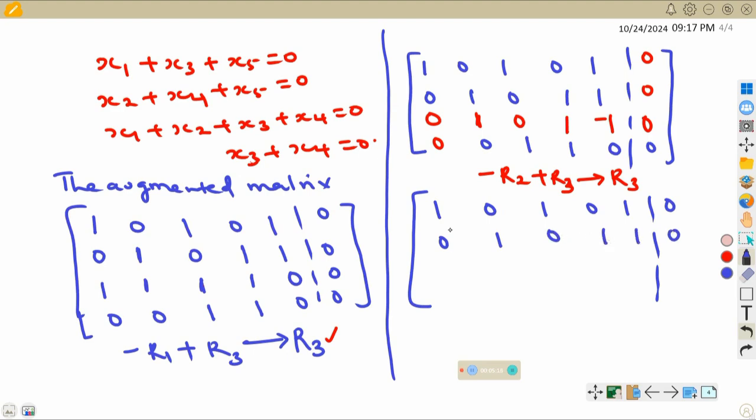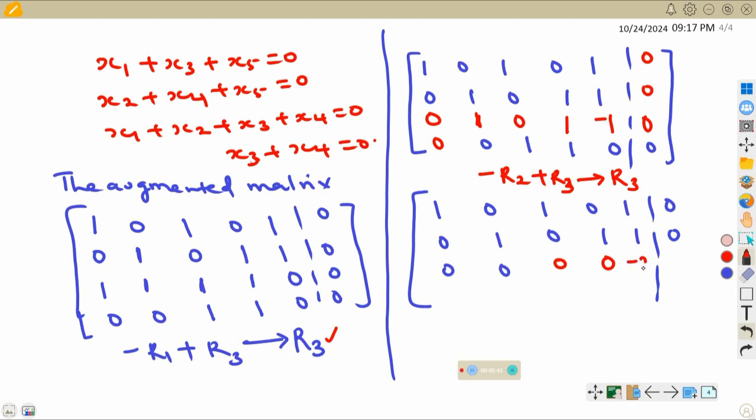This is still 0. When we apply the operation, it will be 0. This is negative 1 plus 1, 0. This is 0. This will give us 0. So this is negative 1 plus 1. It will still be 0. Next, we shall have negative 1 plus negative 1.